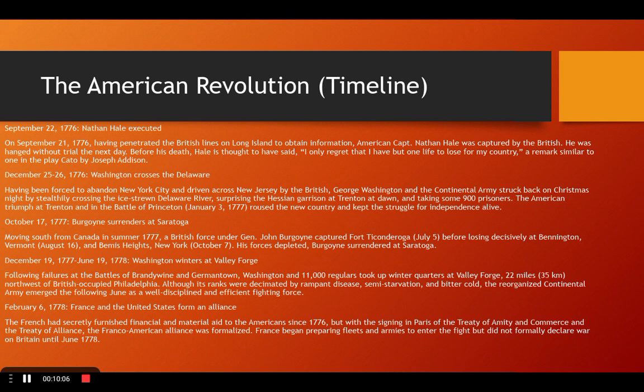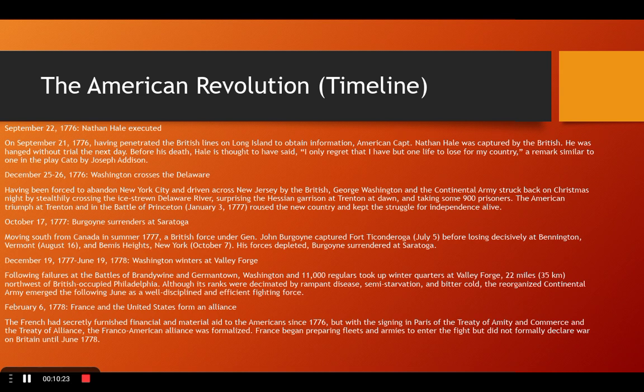The American triumph at Trenton and in the Battle of Princeton, January 3, 1777, rallied the new country and kept the struggle for independence alive.